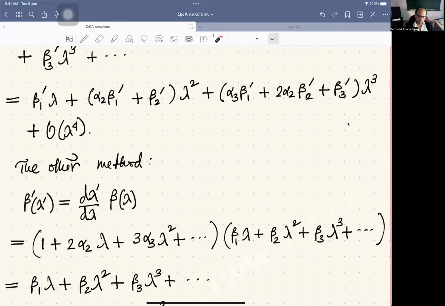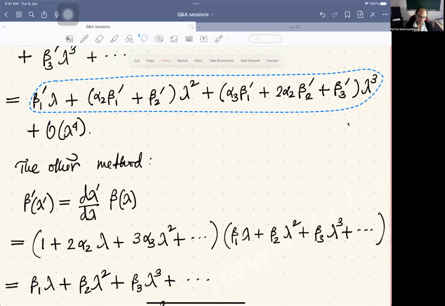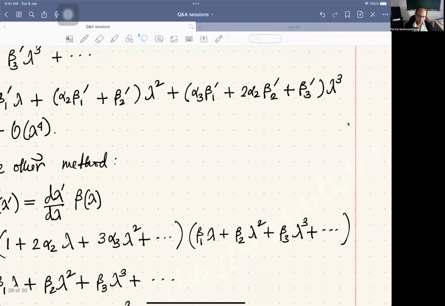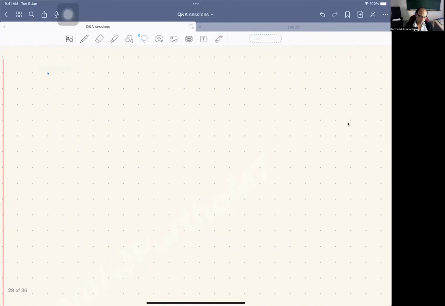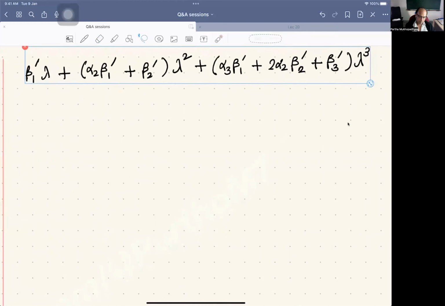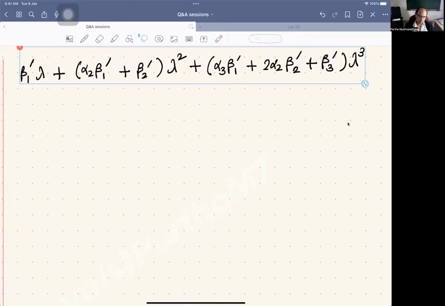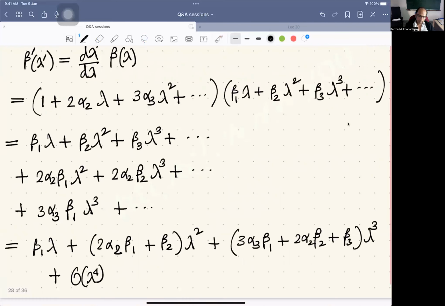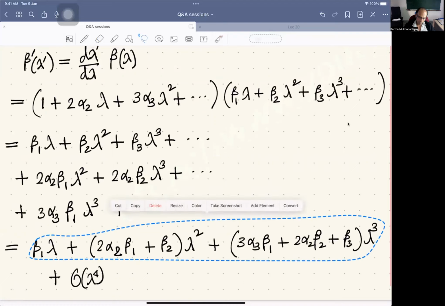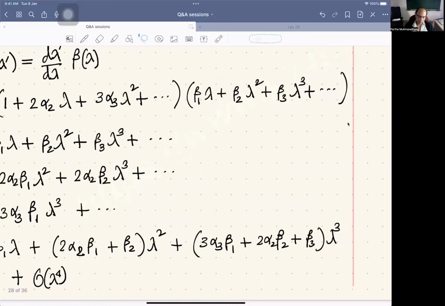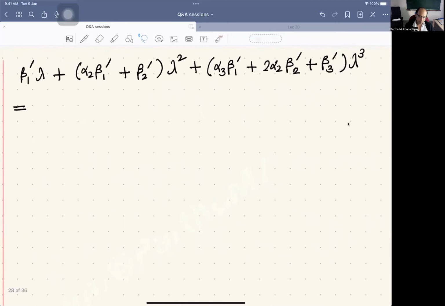So let me do it this way. Let me take both these two expressions on the same page so that we can compare them easily.